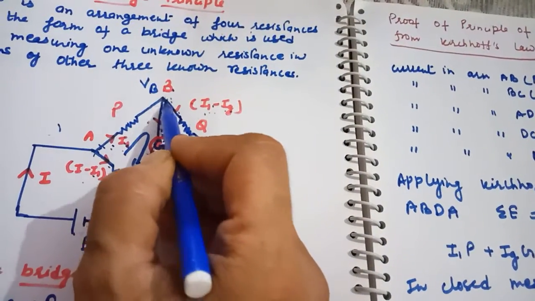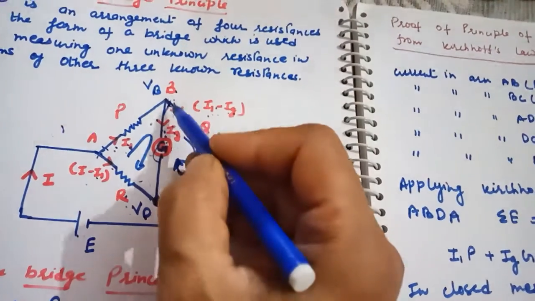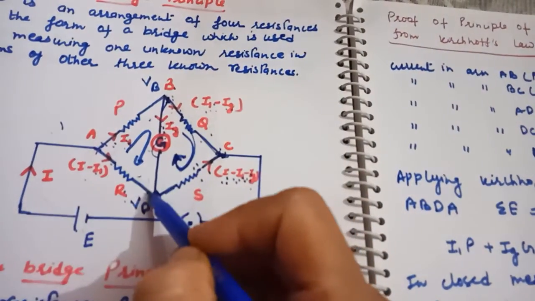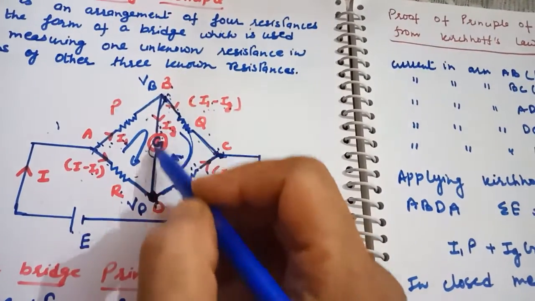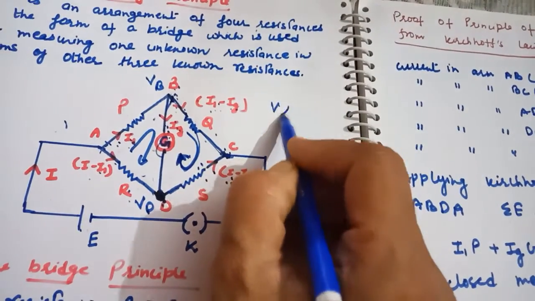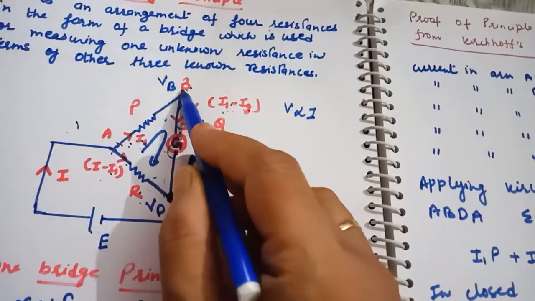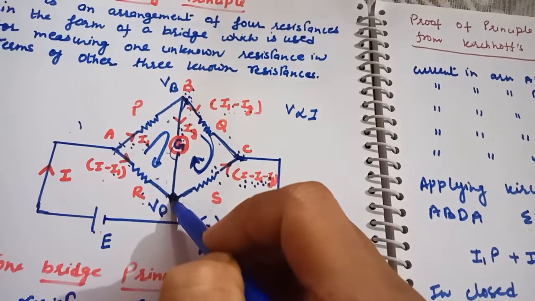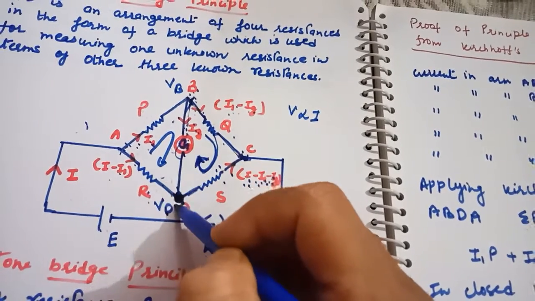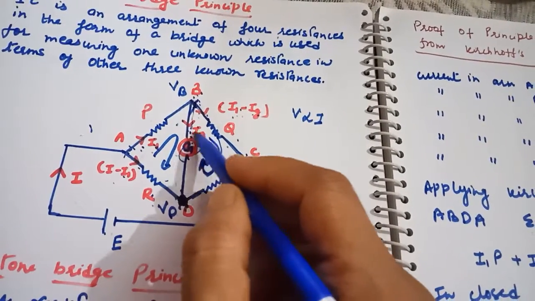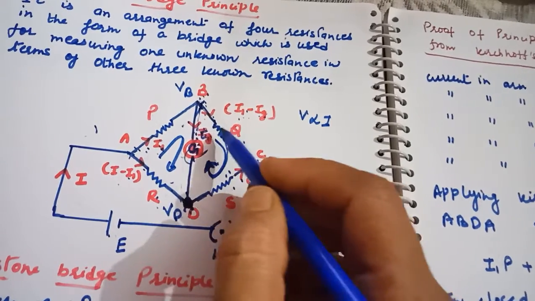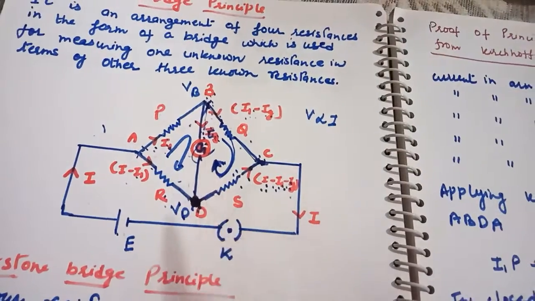So when VB is equal to VD, there will be no potential difference between the points B and D. We know that V is directly proportional to I. So the potential difference between B and D is 0. That means no current will flow in the galvanometer arm BD, so Ig will be equal to 0 in that condition.